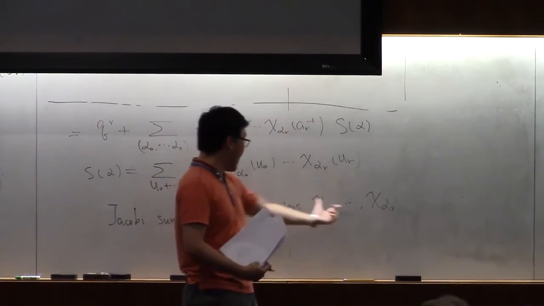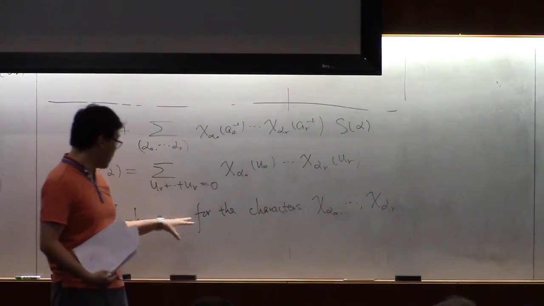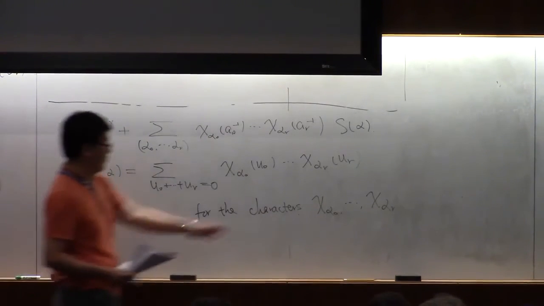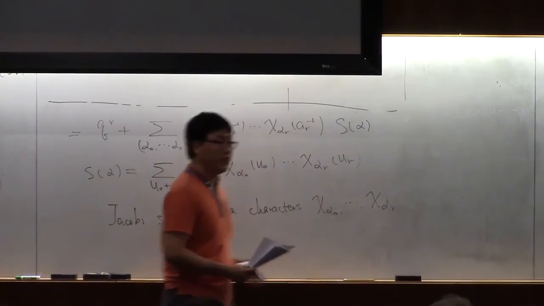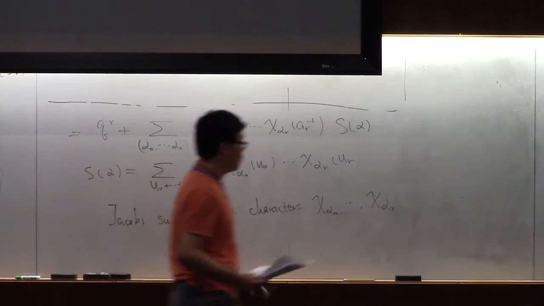So once you have these characters, consider this sum, and this is called the Jacobi sum for these r plus 1 characters.